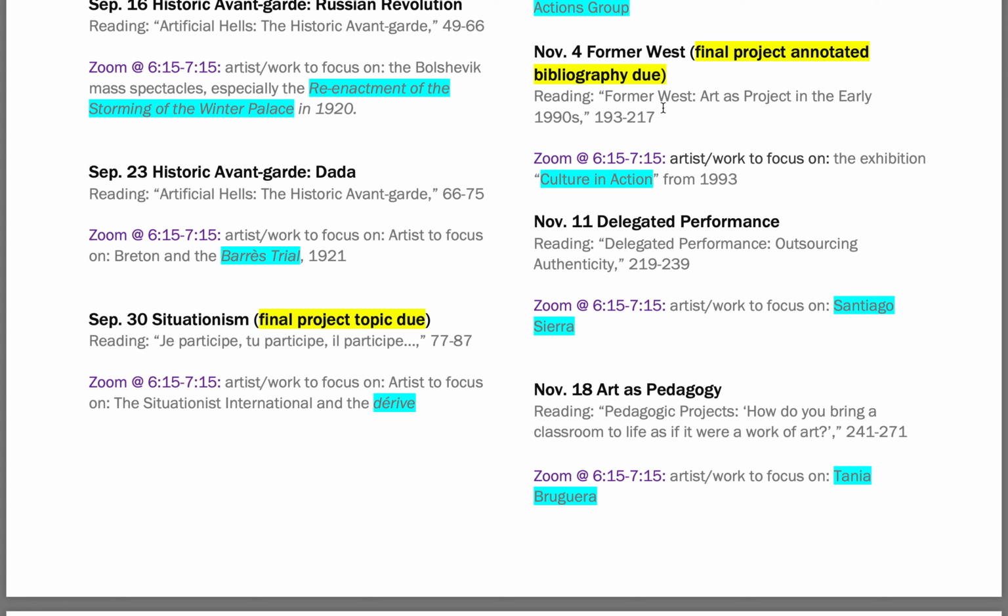This is if you're doing the research and if you're doing the virtual exhibition. You want to have a group of good texts that you've read and that you'll be using to present either in your research writing or in your researched virtual exhibition. So that'll be due on November 4th.